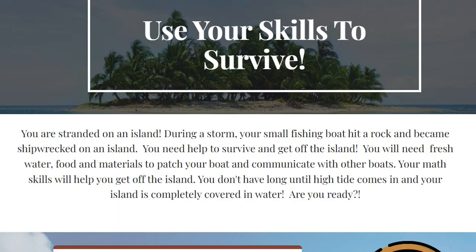So for example, I have some escape rooms where my students are locked in school and they don't want to stay the weekend. So the whole story is going to be them trying to find their way out. I have one where students are trapped on an island. They were out fishing and they have to get off this island before high tide comes up, and their whole island, because it's super small, is just going to be underwater once high tide comes in.